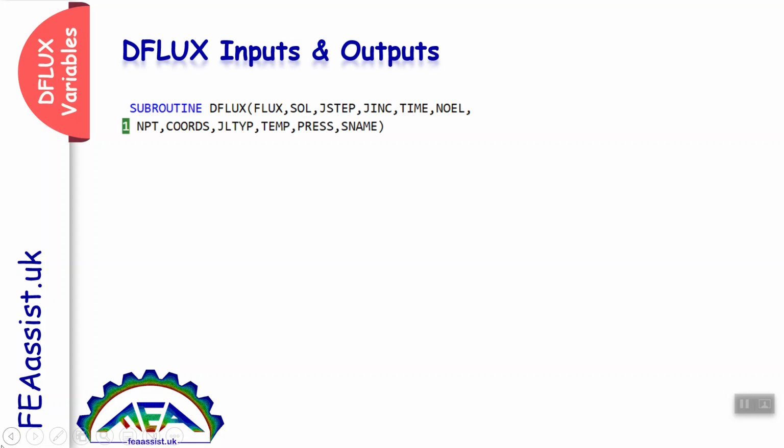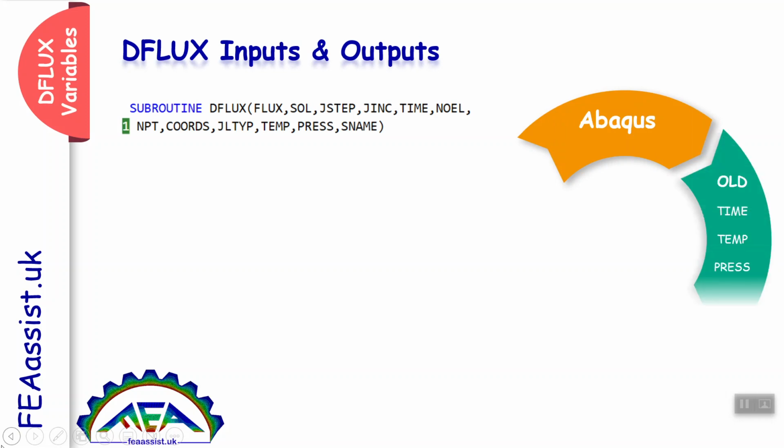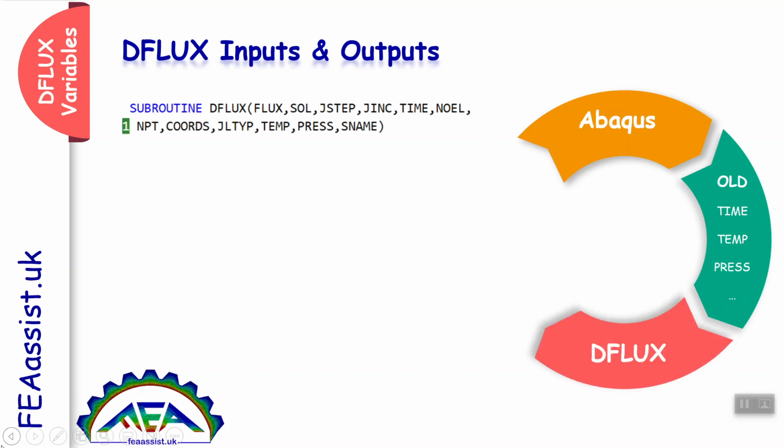DFLUX variables. DFLUX has some inputs. We need those inputs processed and export those processed inputs as an output into Abaqus. In other words, Abaqus computes time, temperature, pressure, and other variables. We need to get these variables and write our fluxes, flux 1 and flux 2, and return them back to Abaqus.